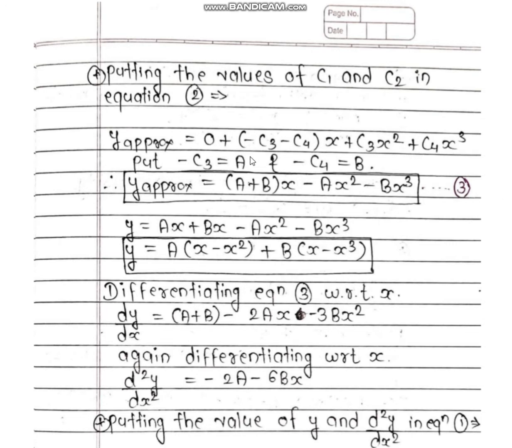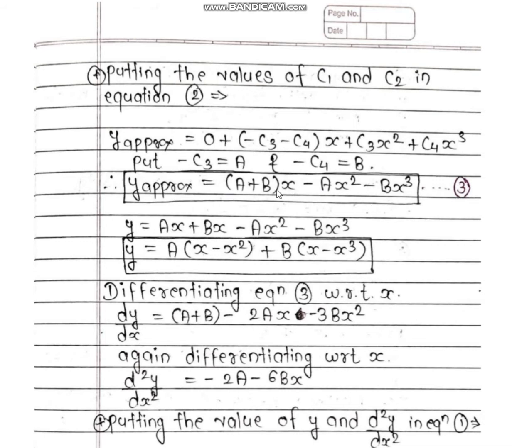Now we will put a in place of minus c3 and b in place of minus c4. After doing so in the above equation, we get y approximate equals a plus bx minus ax square minus bx cube, and we will rename it as equation number 3.